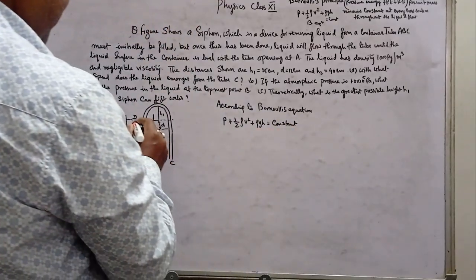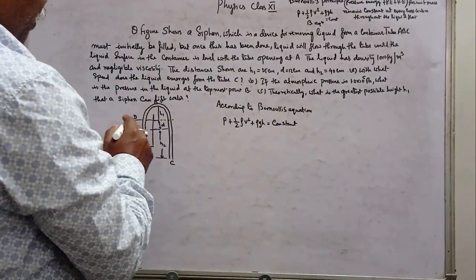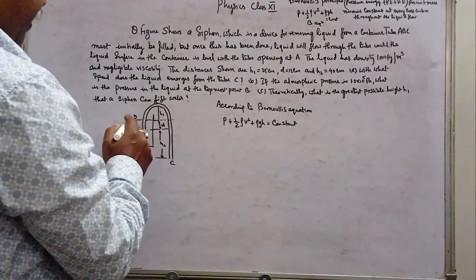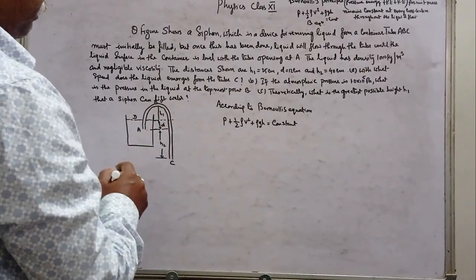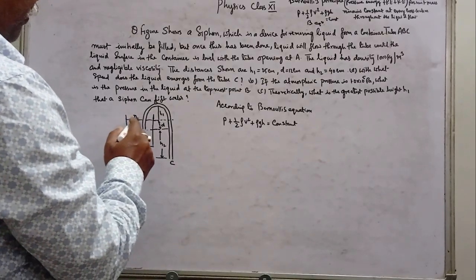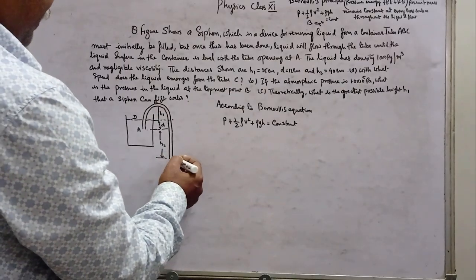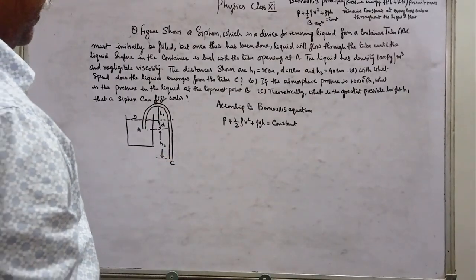So let us consider D, a point on the surface of the liquid, and C, the point at the outlet.